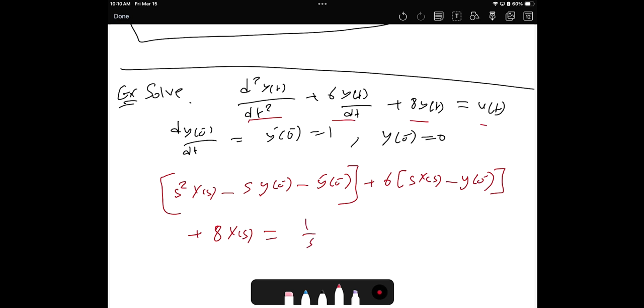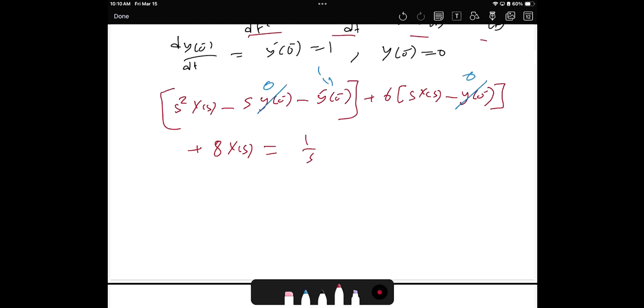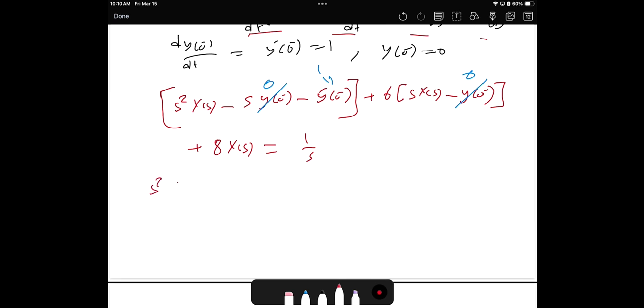Now substitute the initial conditions. y of 0 equal to 0. y bar of 0 will be 1. So let's do the simplification. This will make it s squared y of s minus 1 plus 6s y of s plus 8 y of s equals 1 over s. Now we have the 1.